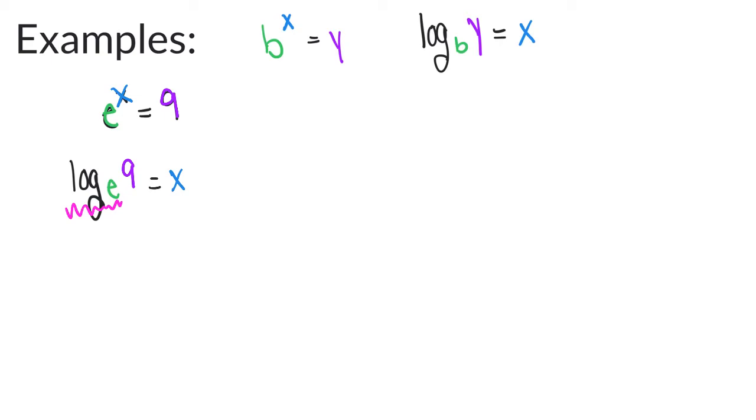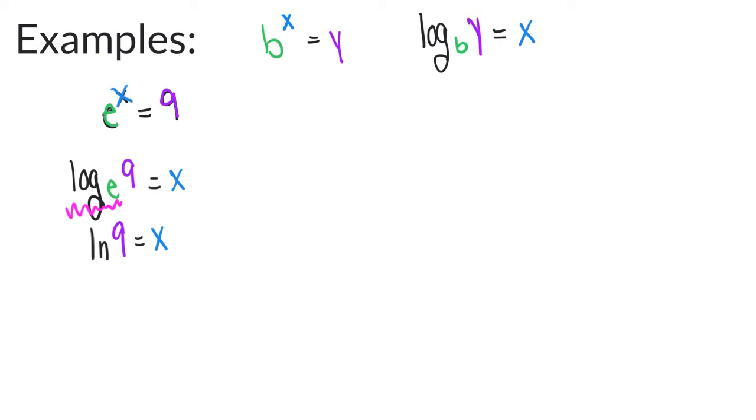That's not something you're going to see. What you're going to see is a natural log of 9 equaling x. That's what you're going to see. You won't see it written with the common log and a base of e.